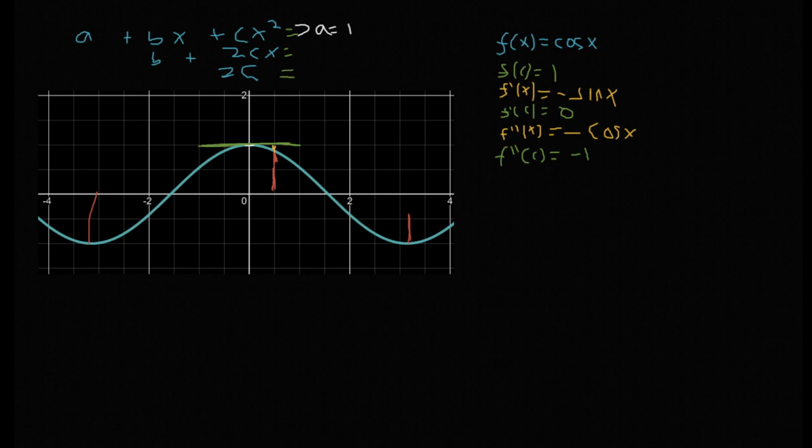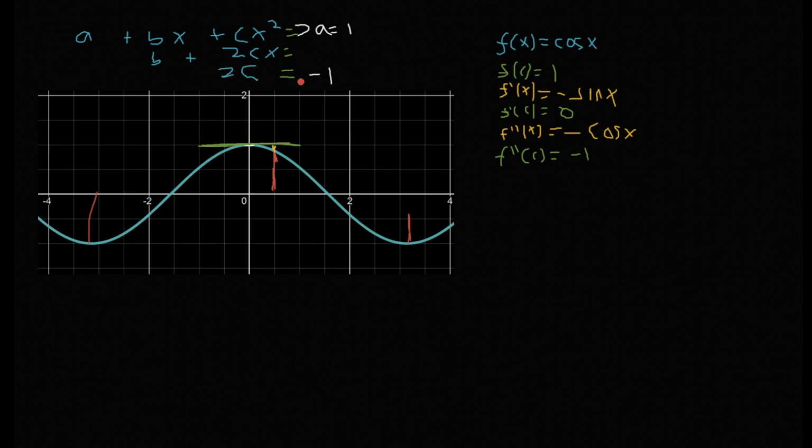We also know that in the second derivative, f double prime of 0 is negative 1. So we can set 2c equal to negative 1.